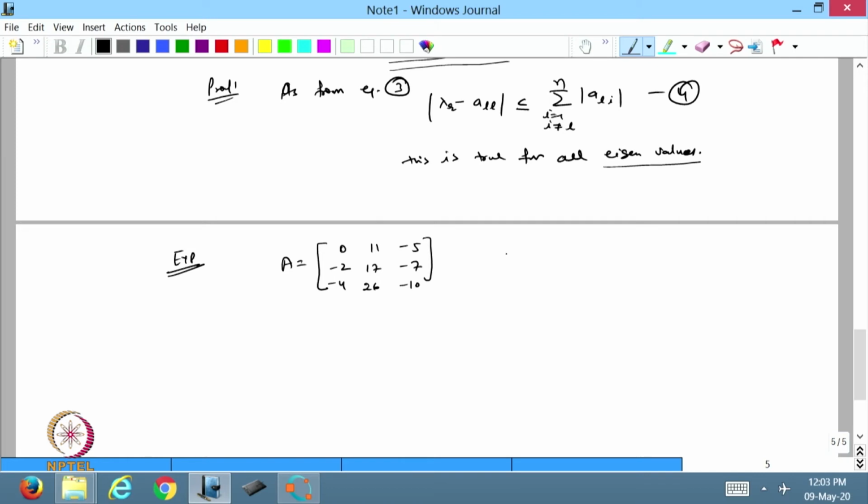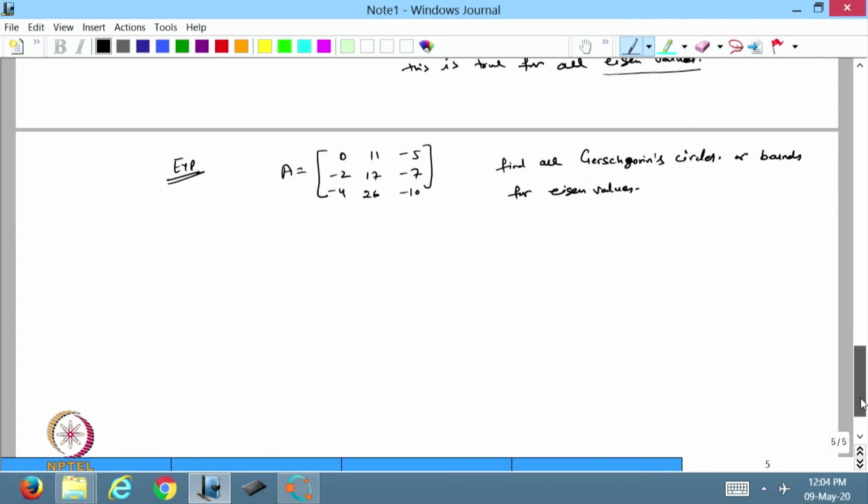So, the question is to find all Gershgorin circles or bounds for eigenvalues.